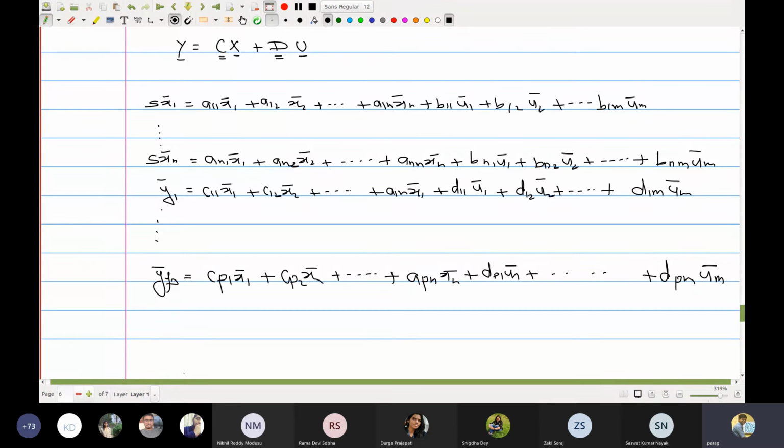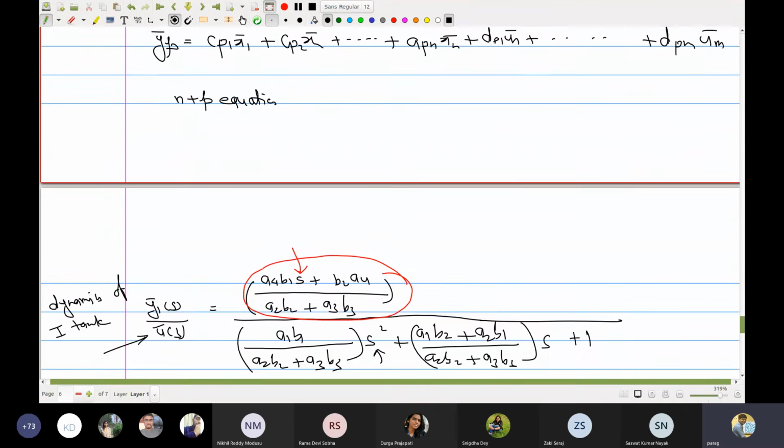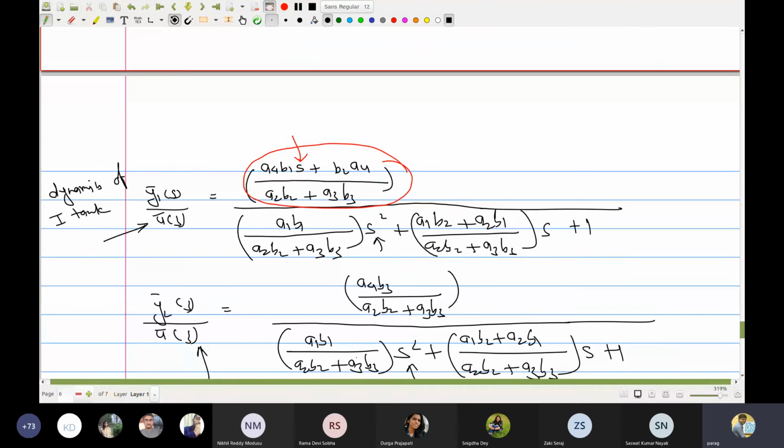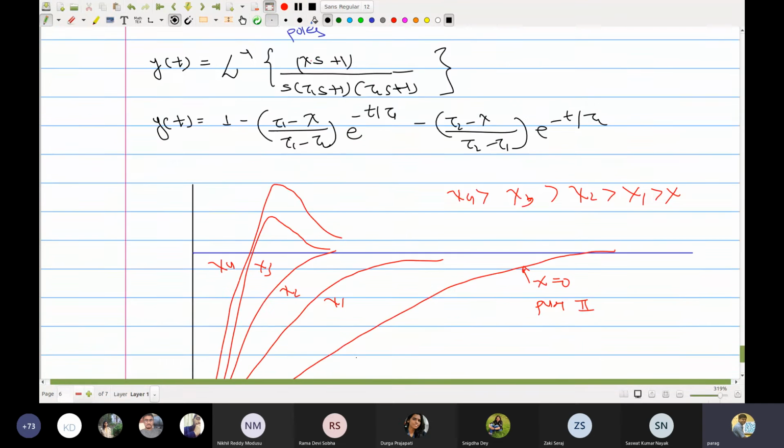So now you have n plus p equations, which have to be solved simultaneously. This somehow got messed up, but that's not a problem.